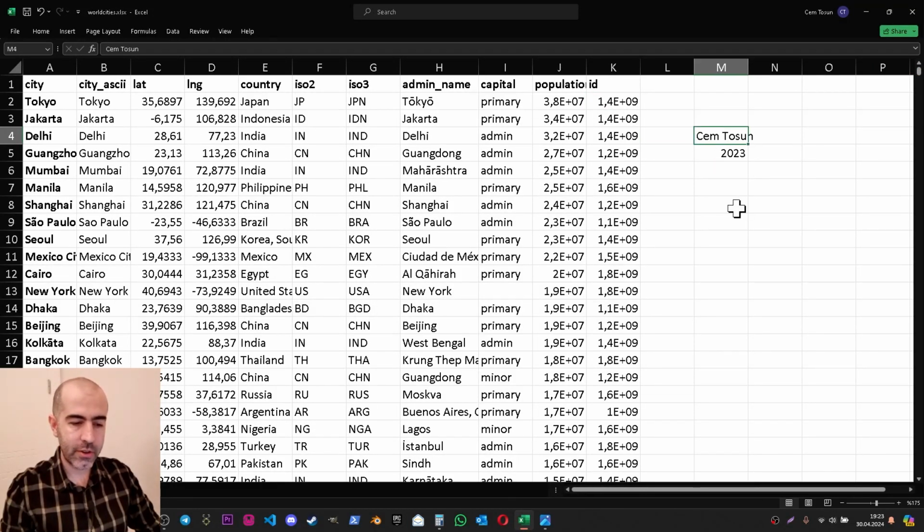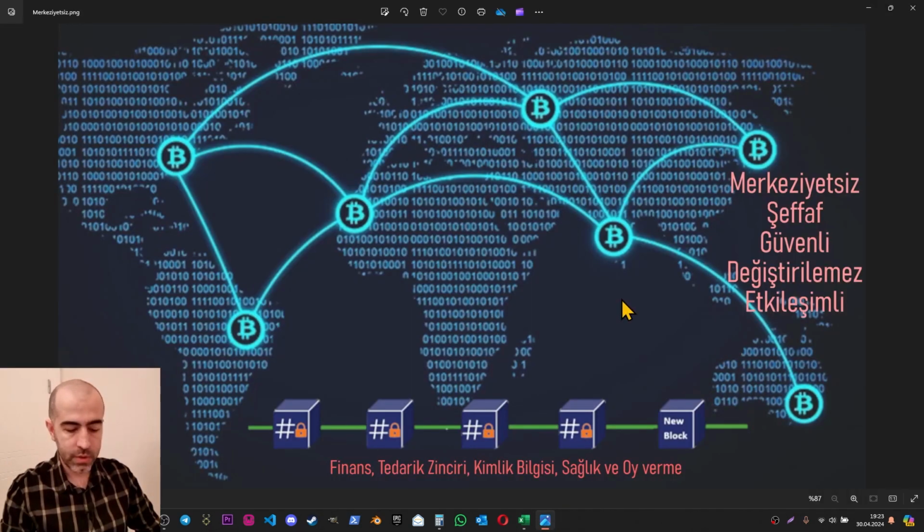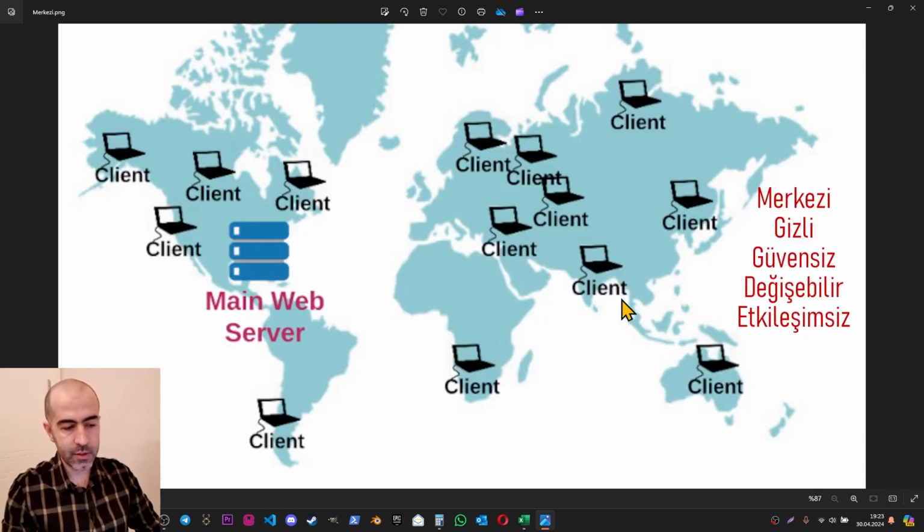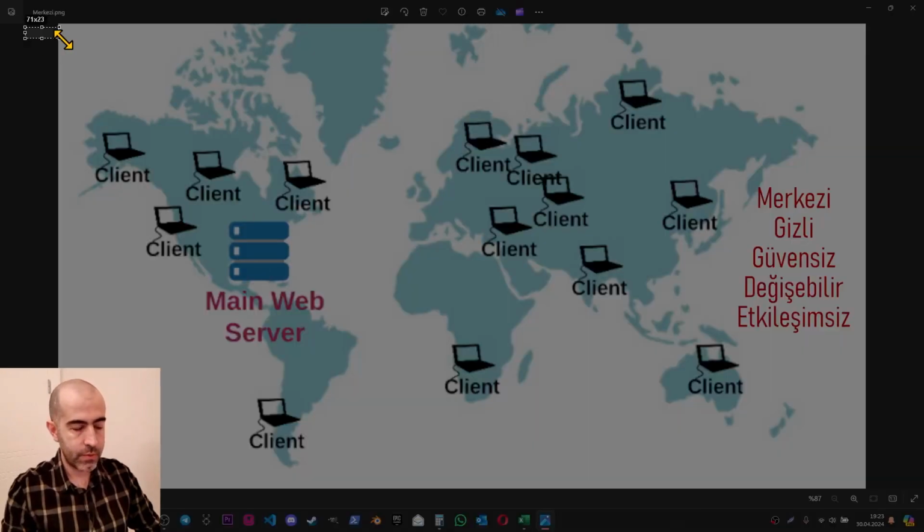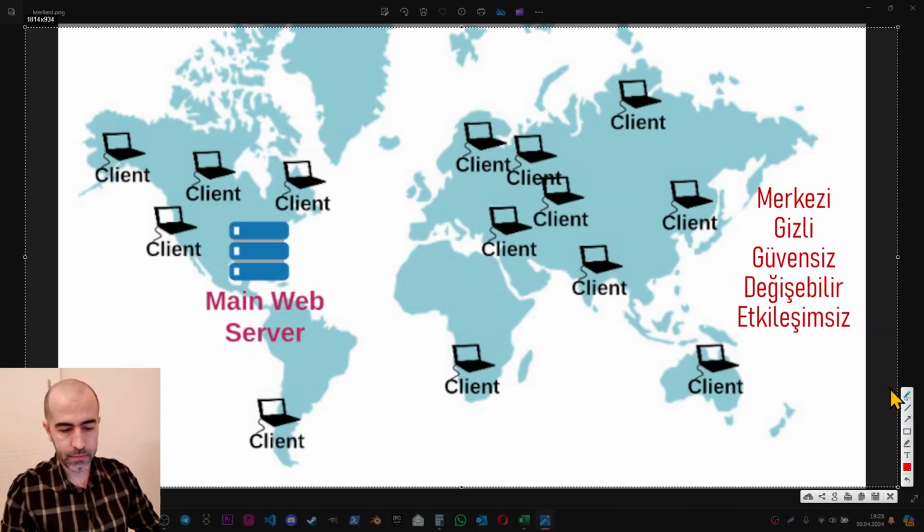For example, I created this Excel file in 2023 and I have it on my computer. With a traditional system, like in this picture, I can keep it on my computer or I can send it to a server, a web server or a storage server, whatever it is.